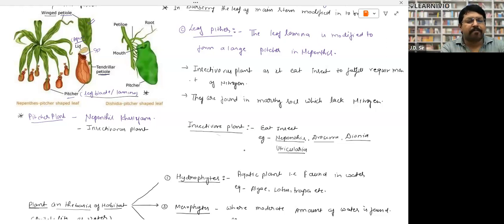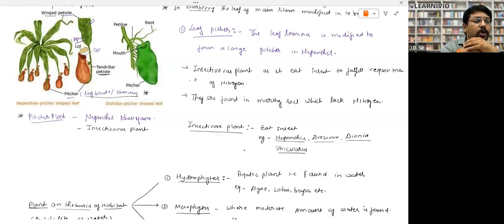The demerit of muddy regions is that they are deficient in nitrogen. Due to deficiency of nitrogen, these plants cannot grow properly. So to fulfill the requirement of nitrogen, they eat insects.